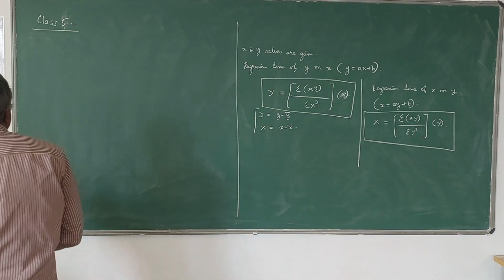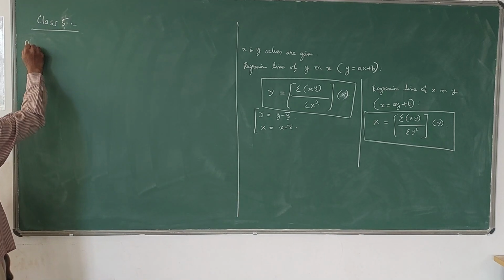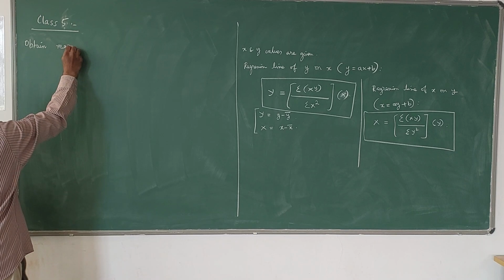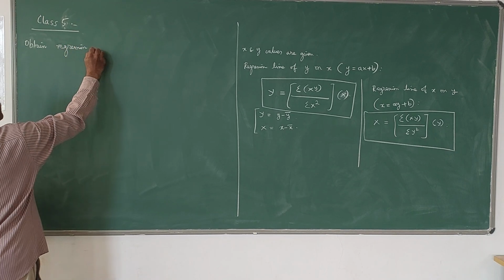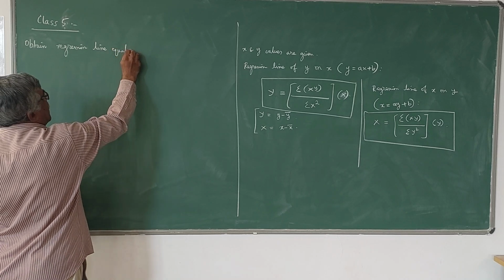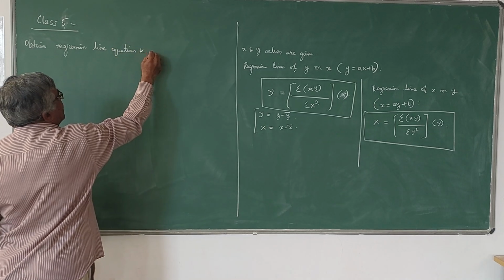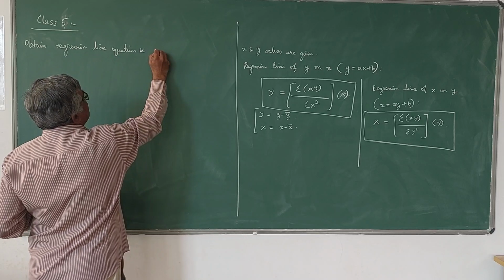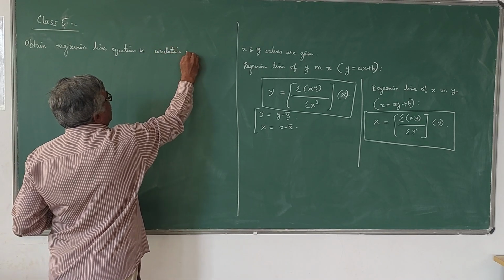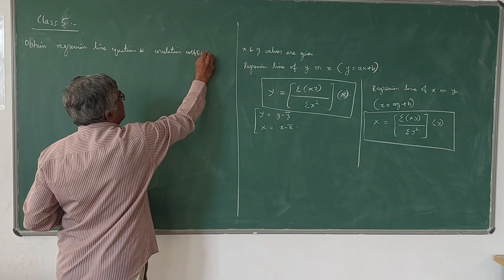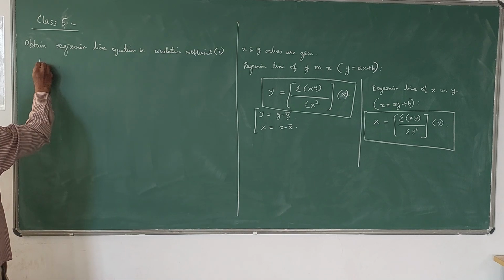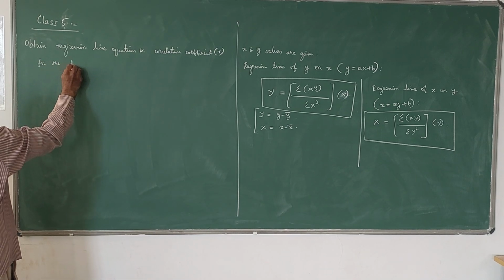So obtain the regression line equations and the correlation coefficient, that is the R value, for the data given.